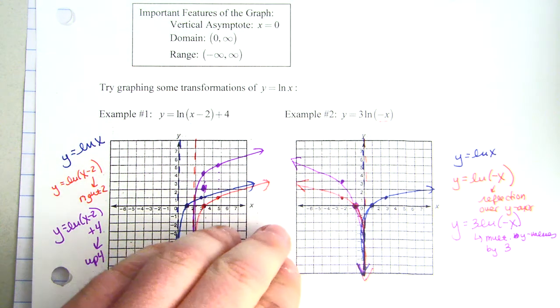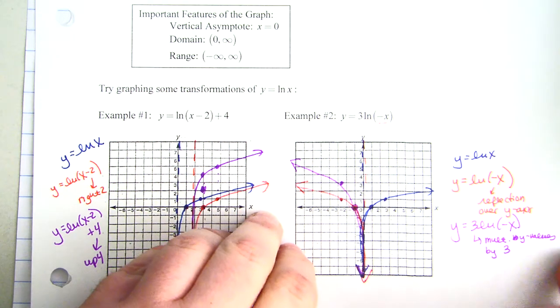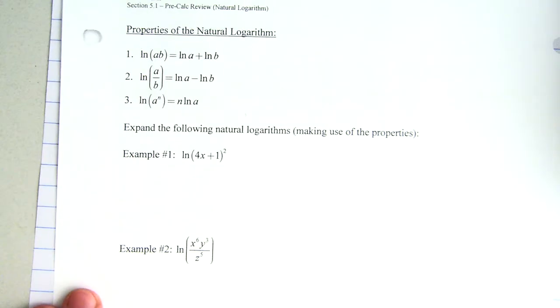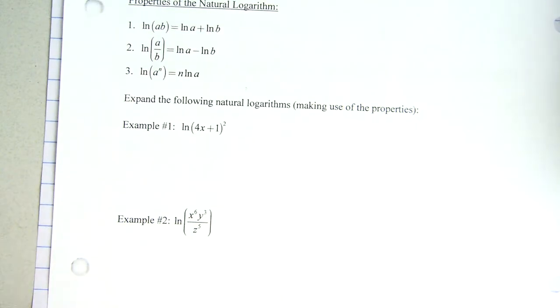Next thing we need to review from pre-calc, really algebra 2, some properties of logarithms, and you've been using these for a while. By the way, there's a whole lot more to natural logs than what we're reviewing right now. I'm just reviewing the specific topics we're going to need to be able to deal with calculus, and that's what we're going to do on all these pre-calc reviews throughout this unit and the next. Just the pre-calc pieces I need for us to be able to move forward.